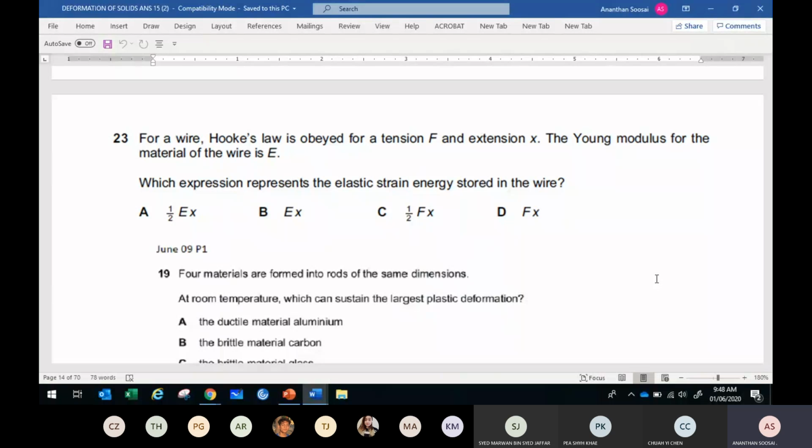The answer is C, half Fx. The area under the graph is your energy stored. All of you say C. Okay, half Fx.